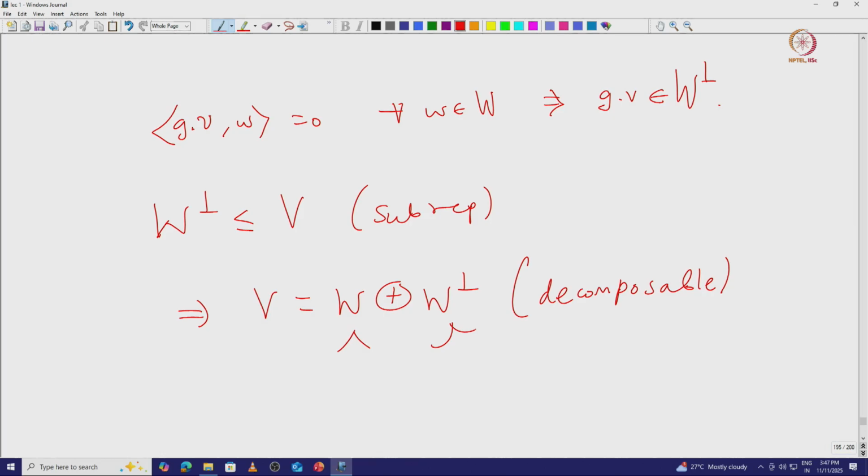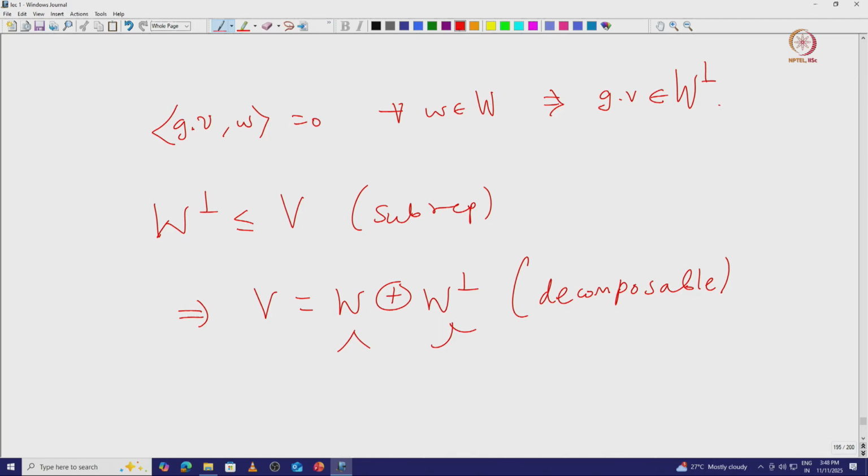For this, you can take the inner product restricted to W and W perp, which makes both W and W perp inner product spaces, and the action of G on V restricted to both W and W perp will again be unitary. Those things are easy to check. By checking them you can easily prove that any unitary representation is indeed a direct sum of irreducible unitary representations.